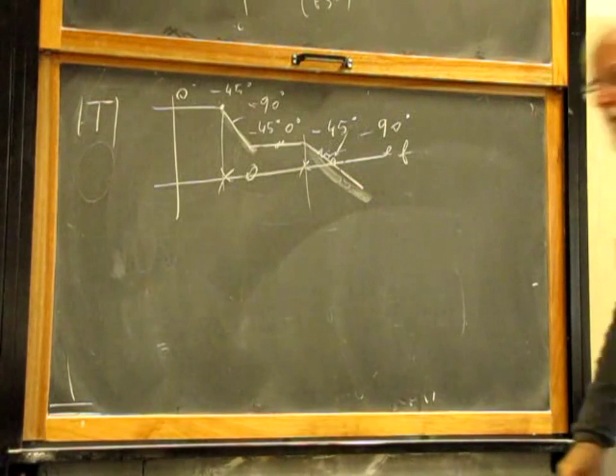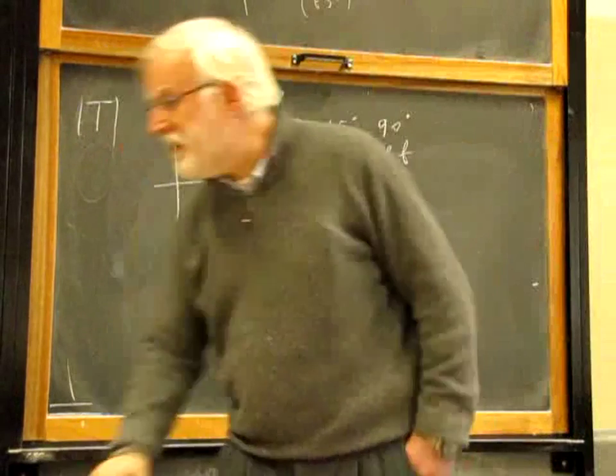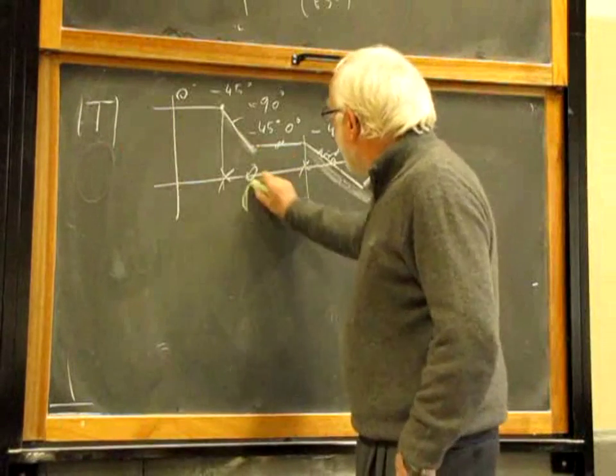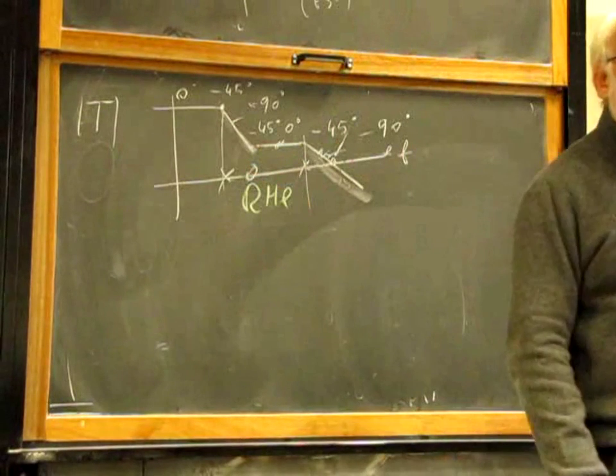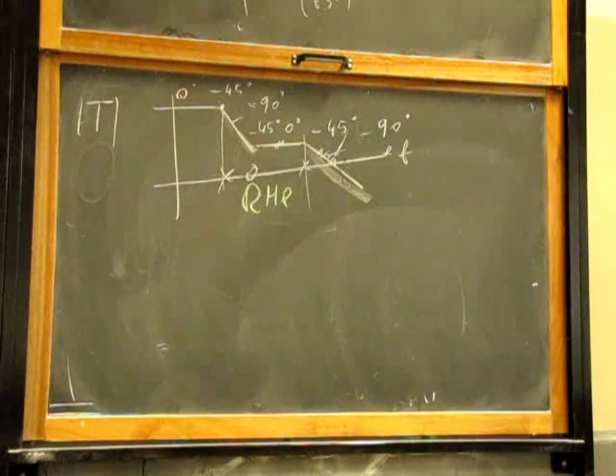Now, let's suppose that this zero is a right half-plane zero. Right half-plane zeros have the same magnitude effect as a left half-plane zero, but the phase for an RHP zero is like a pole in the left half-plane.